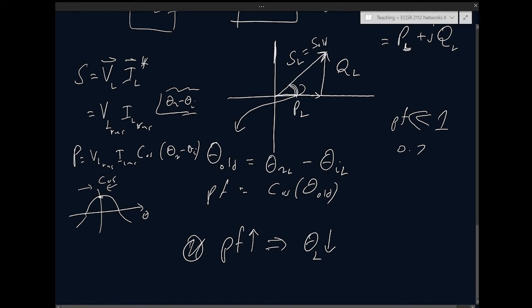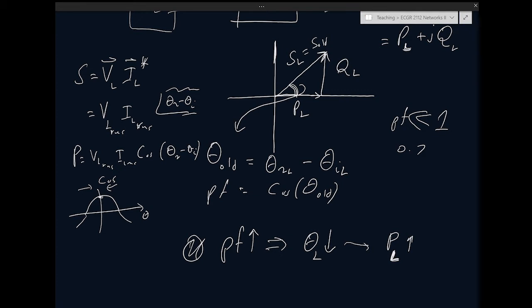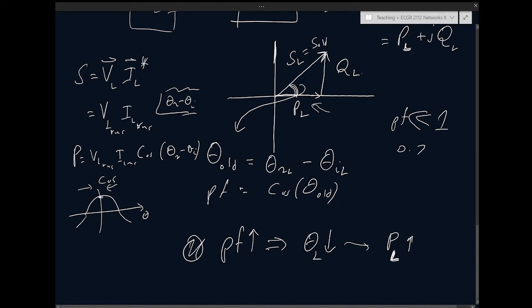So there are two ways. We can either increase P. Let's say we have a factory and I want to improve the power factor. Well, what I can do is draw in more power. I could increase my real power without increasing my reactive power, right?